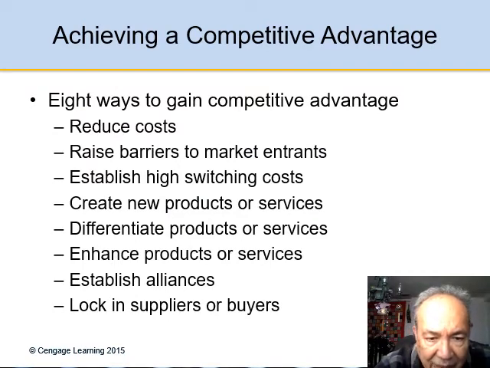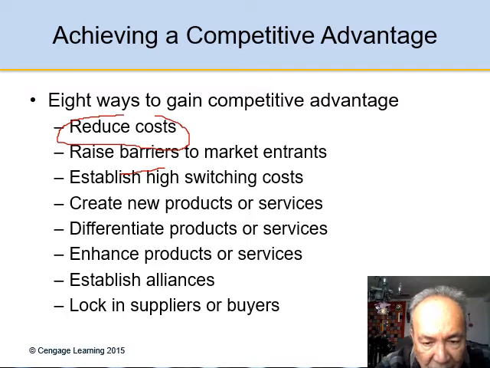Now, these are the 8 ways to gain competitive advantage. Number one is to reduce cost. Raise the barrier for market entrance. What is market entrance? That no other businesses can enter the market. It will be very hard for other competitors to enter the market. Establish high switching cost.